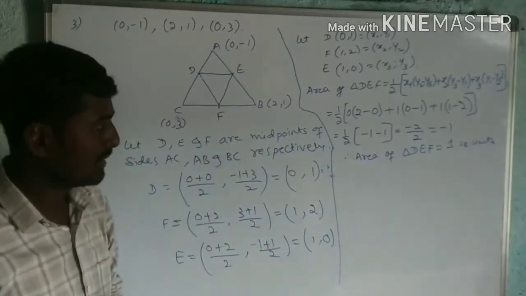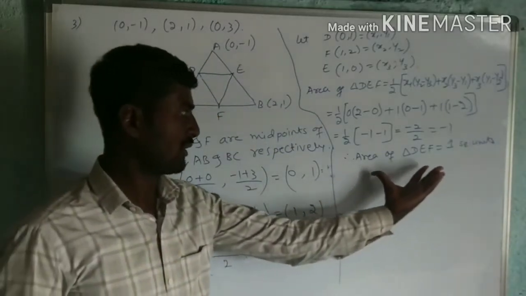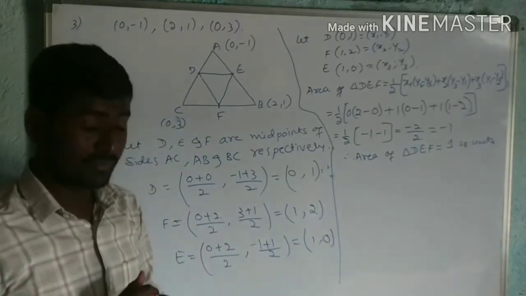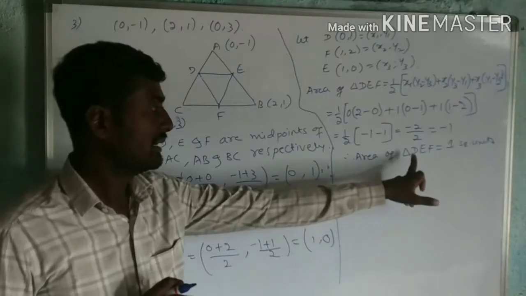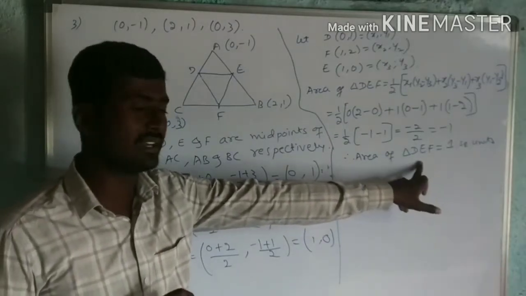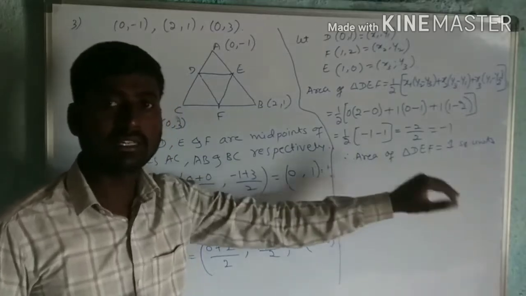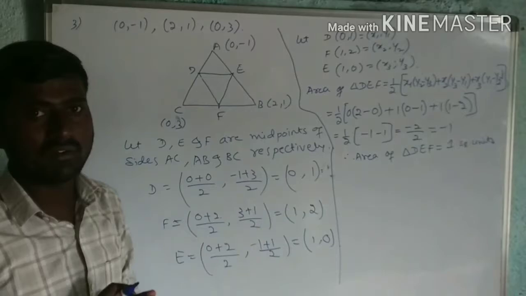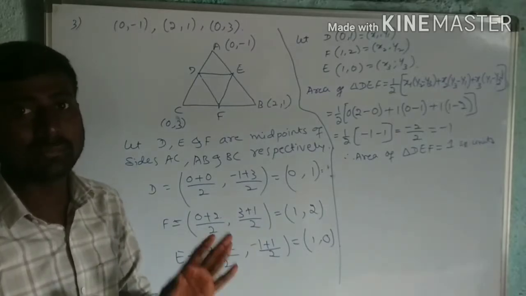We have to find it. So already we have got the area of DEF. To find the ratio of DEF area to the ABC area, I need the area of DEF. Already I got it. And also I need the area of triangle ABC. So now I want to find the area of triangle ABC.